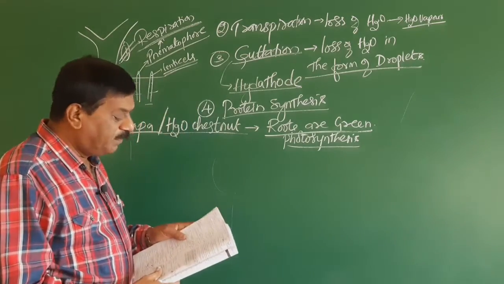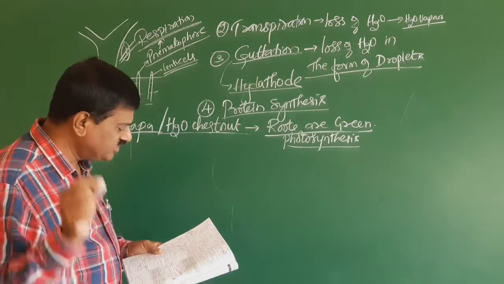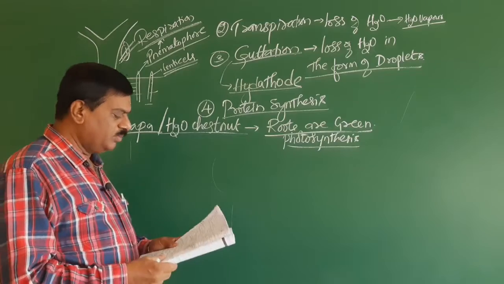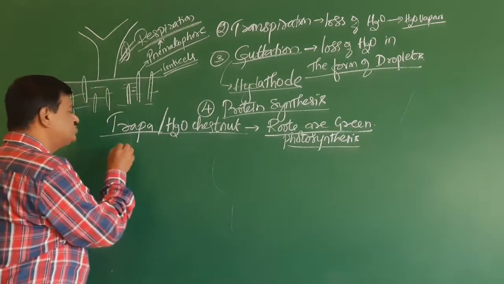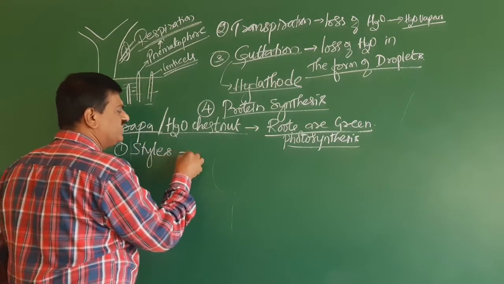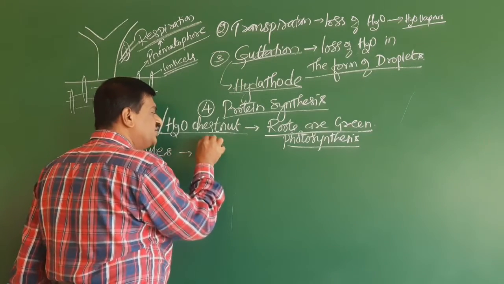Here the question is: spines on the fruit of Trapa are modified as what? The first option is styles. As we know, the female part, gynoecium, has ovary, style and stigma.